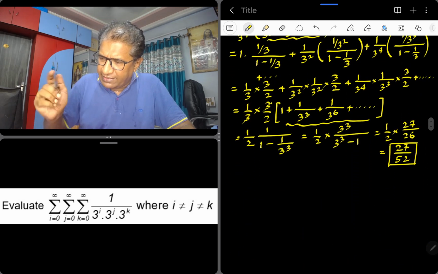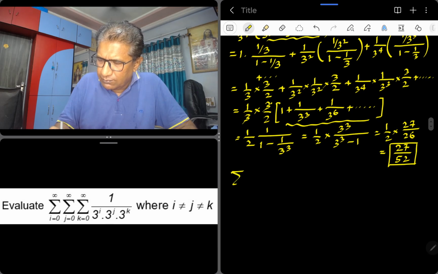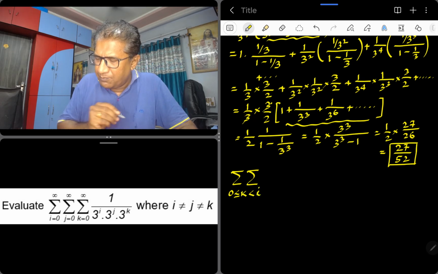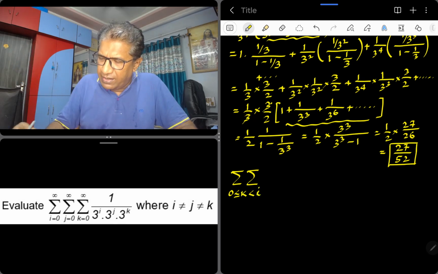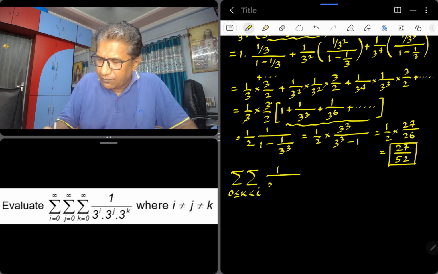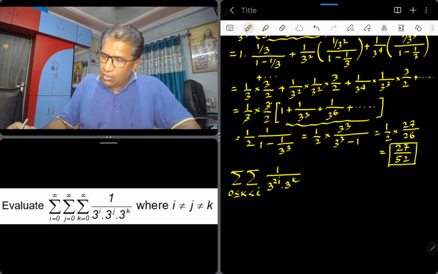So let me consider that case also. In that case, your k will start from 0, less than i, and i is again going till infinity, and the given series is 1 by 3 to the power 2i into 3 to the power k. Okay?